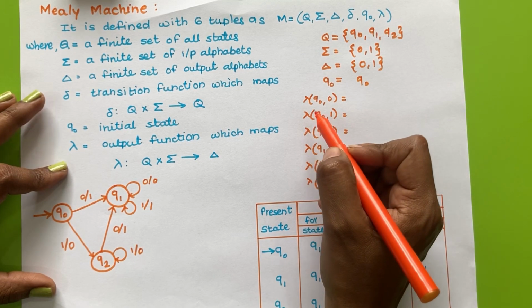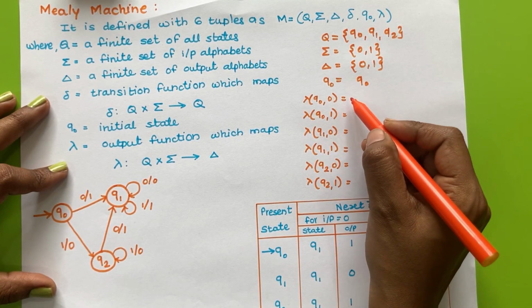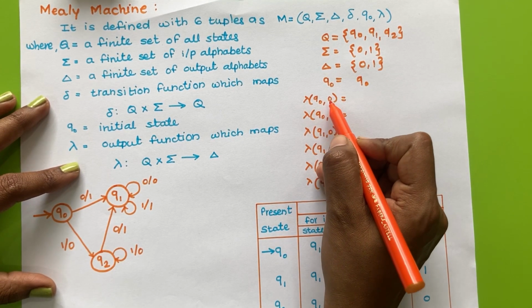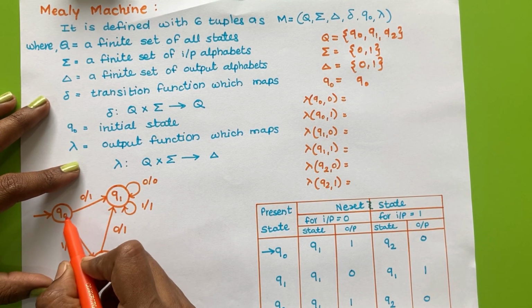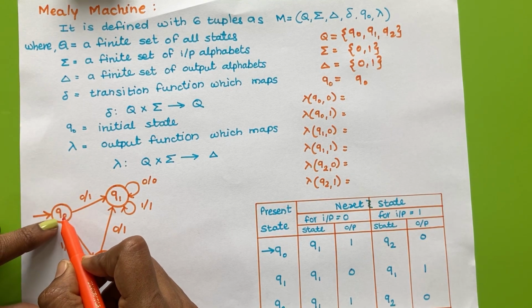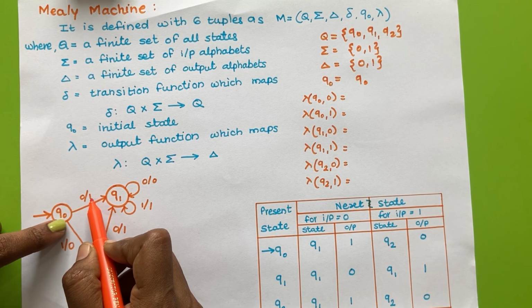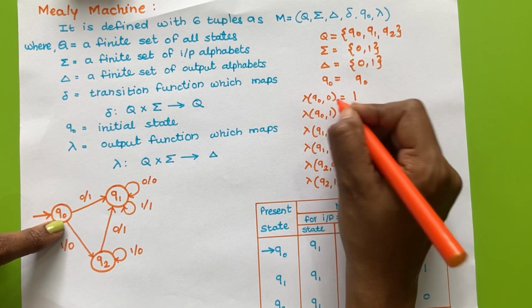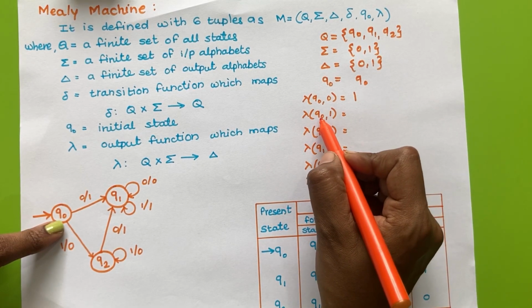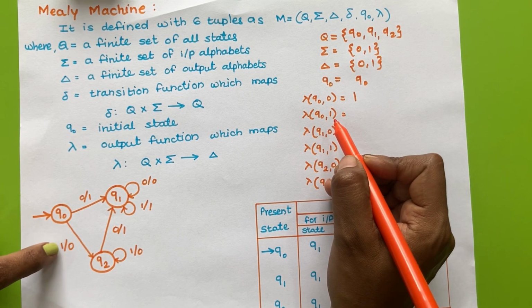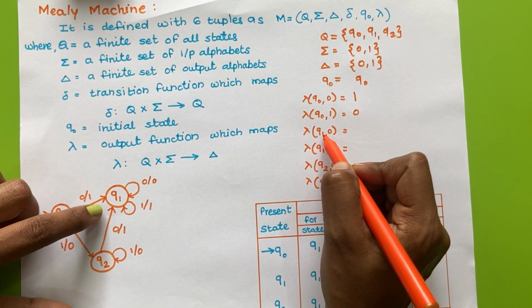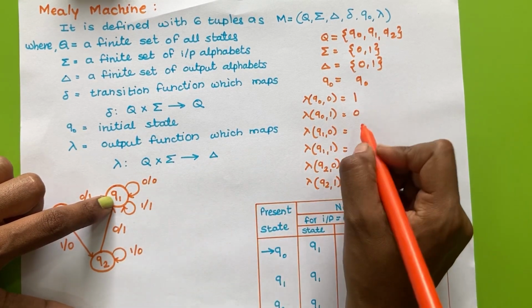Now we have to write here the output alphabets. So Q0 0: if we supply 0 input to state Q0, then the output function will be 1. So the value of lambda of Q0 0 is 1. Next, lambda of Q0 1 is 0. Q1 0 is 0.